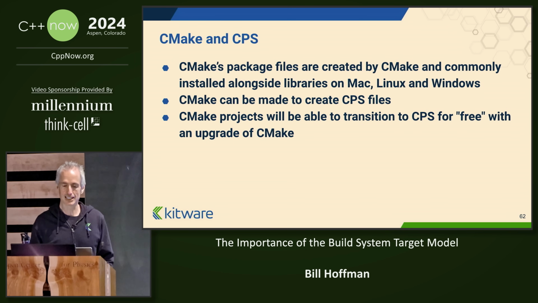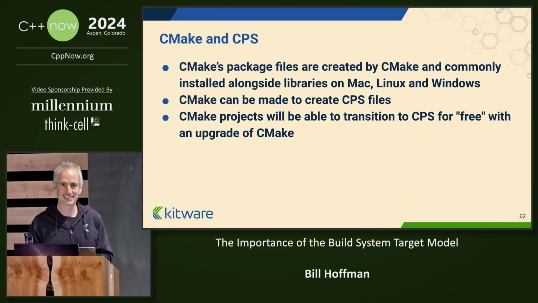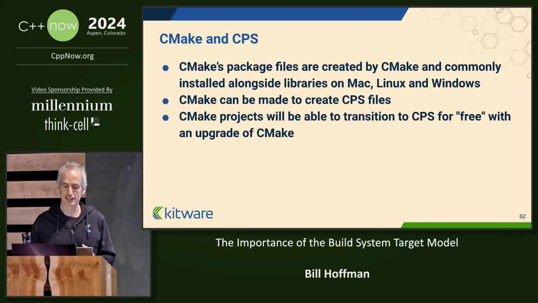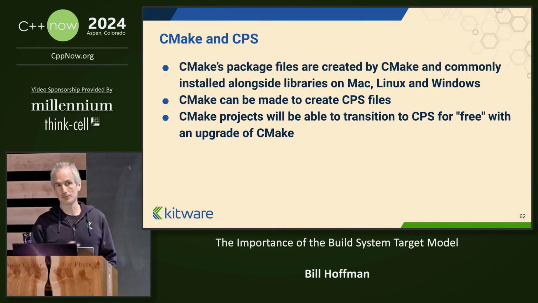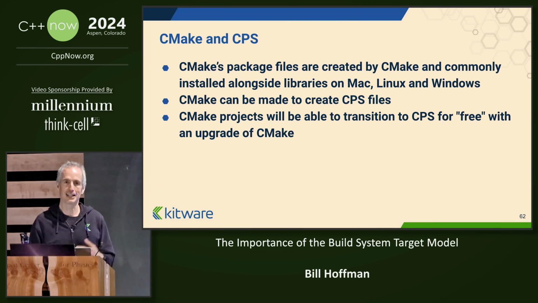And for CMake projects, if we're lucky, there'll probably be some work, but we're able to transition to CPS for free with an upgrade of CMake. There'll probably be some slight changes people are going to have to make, but the idea is we can move the ecosystem towards this richer model and having a way of declaring these libraries and providing that path of communication.